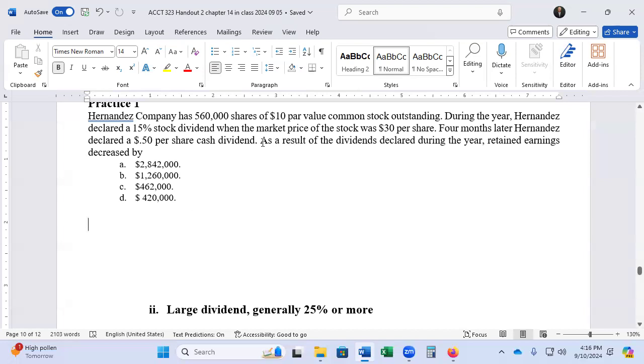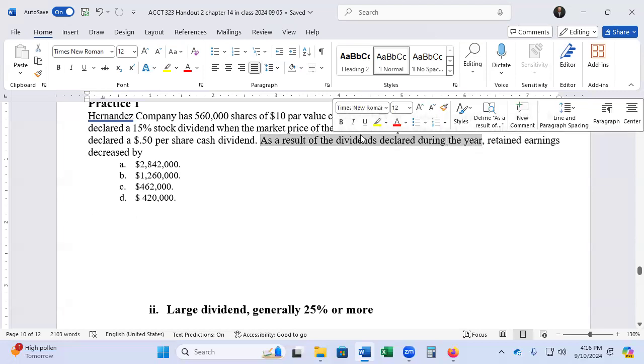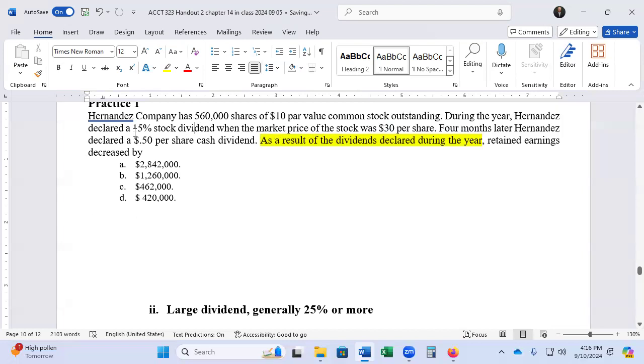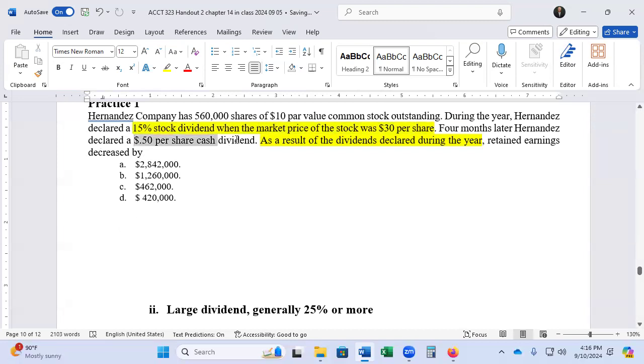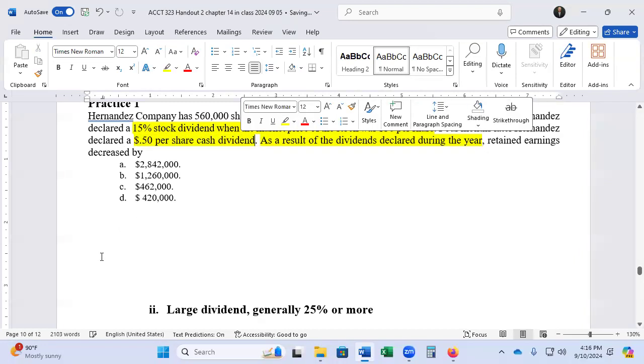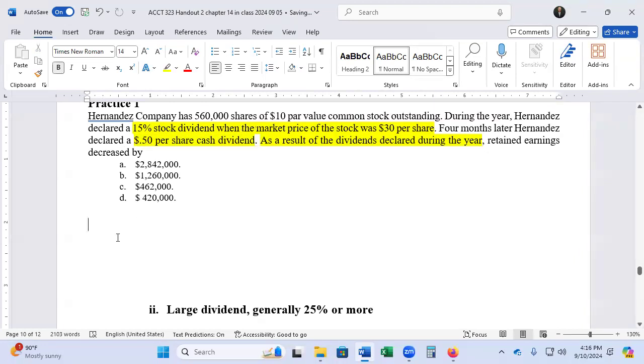So the question says, as a result of the dividends declared during the year, so we have a two-part dividend here, right? We declared a 15% stock dividend when it was $30 per share, and then 4 months later declared a 50-cent per share cash dividend. So it's good that they did it this way because it helps us with our calculation, right?